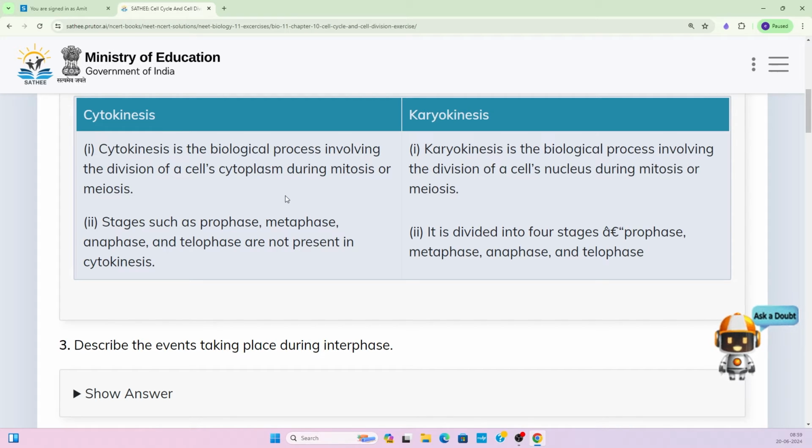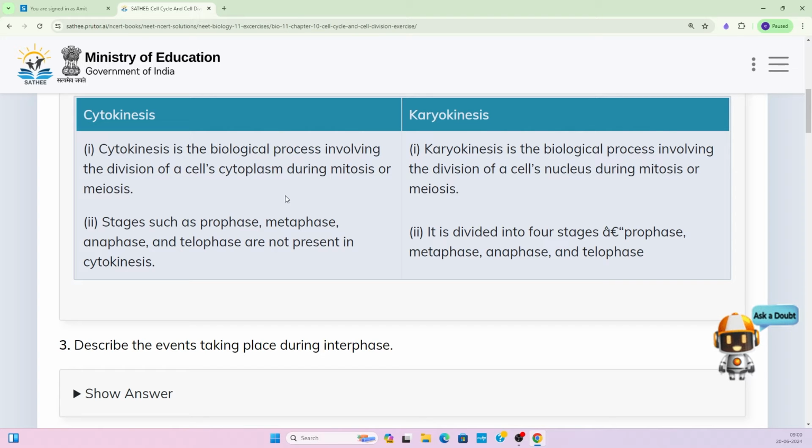It comes after karyokinesis, meaning after the division of the nucleus. Whether it is mitosis or meiosis, there is a division of the cell cytoplasm, and that is called cytokinesis.